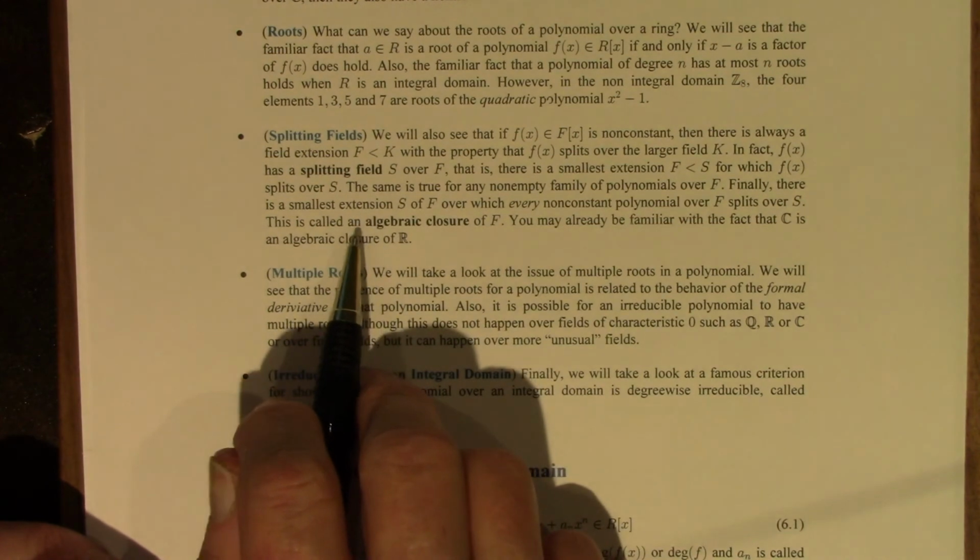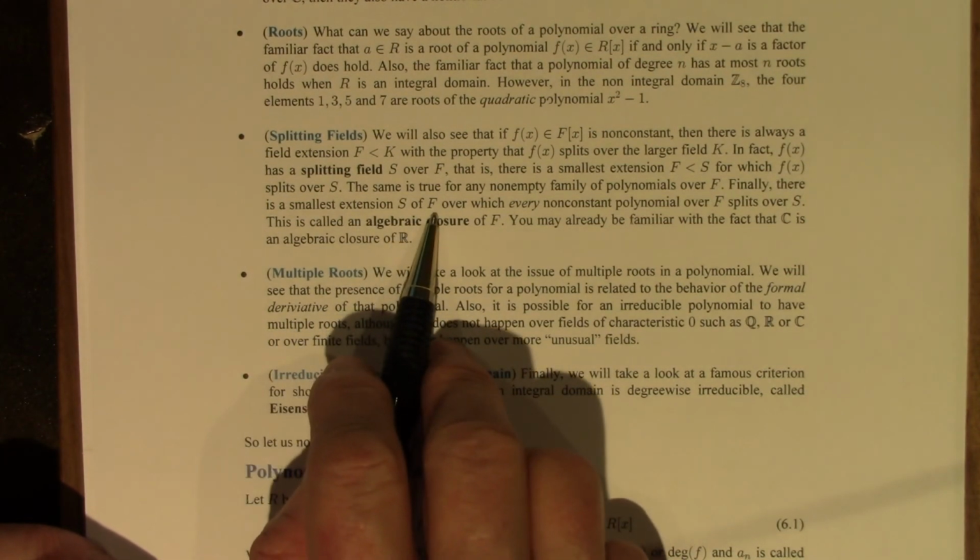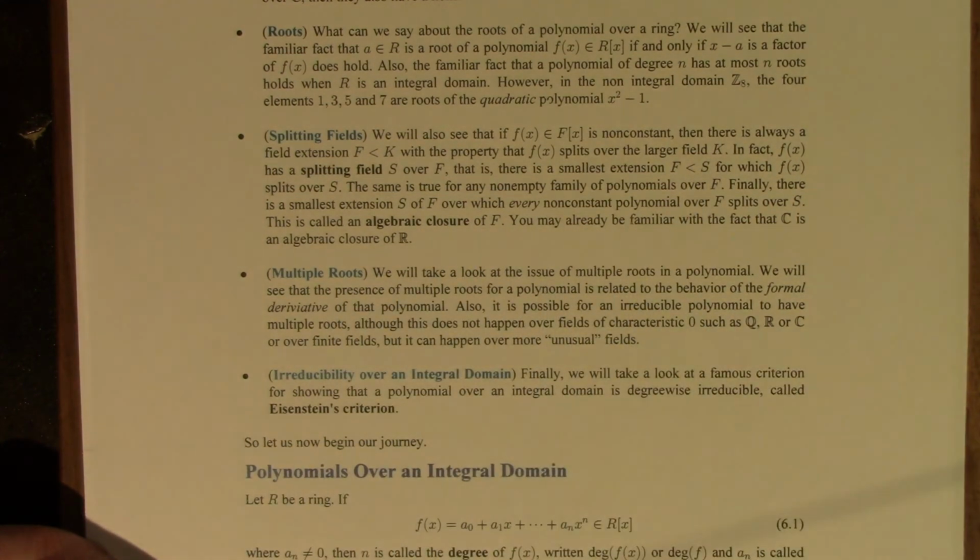There's the smallest extension in which all the polynomials of the family split. Also, there's the smallest extension, S, of the field F, over which every non-constant polynomial over F splits over S. And this is called an algebraic closure of F. And you may already be familiar with the fact that the complex field is an algebraic closure of the real field.